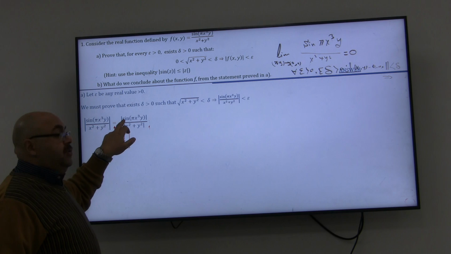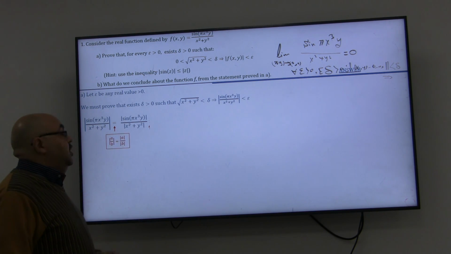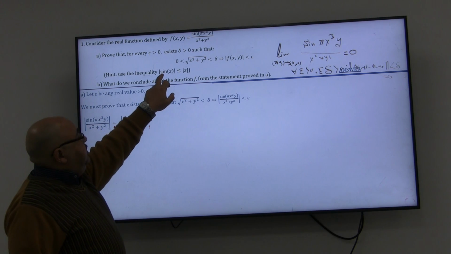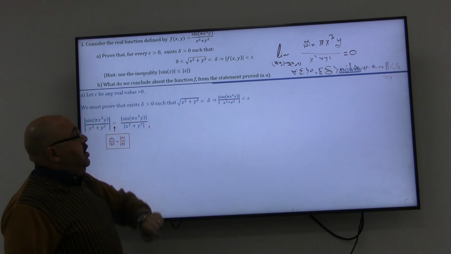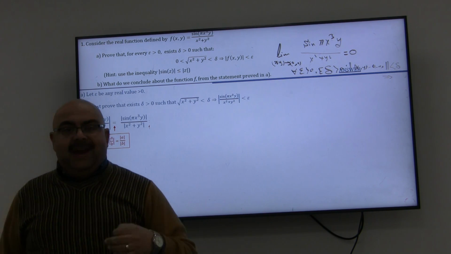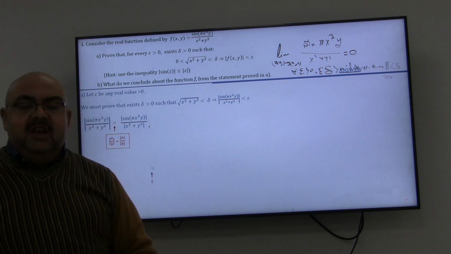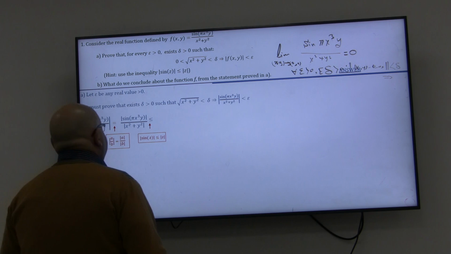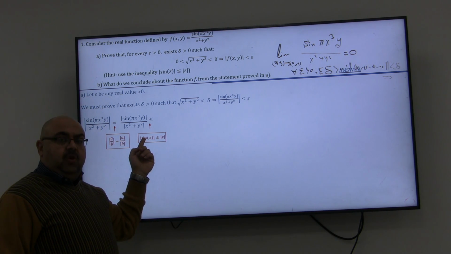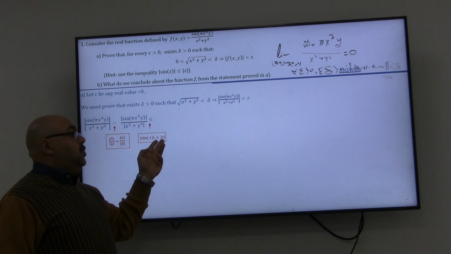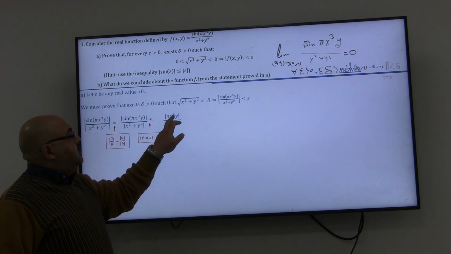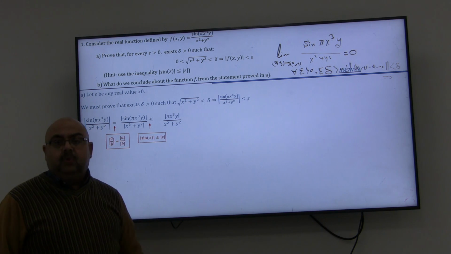Once more, for the numerator, I can use the inequality that the absolute value of sine z is less than or equal to the absolute value of z, which states that the sine of an argument is less than or equal to the argument. So I will have the absolute value of pi x cubed y divided by x squared plus y squared.